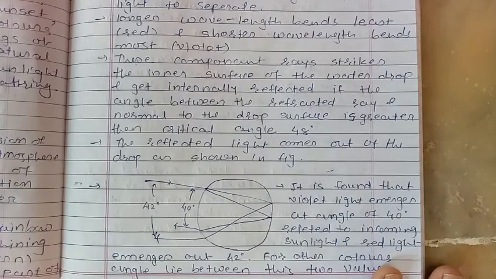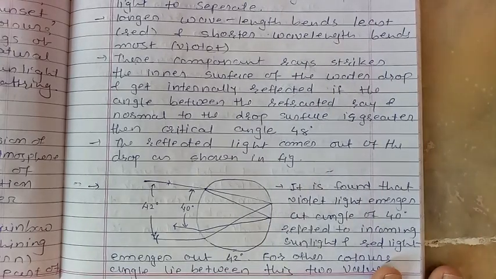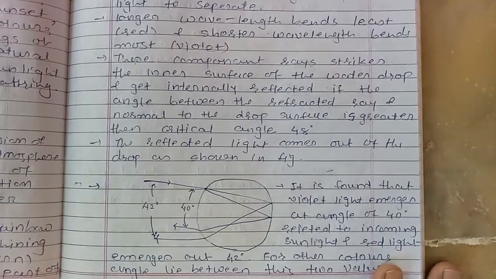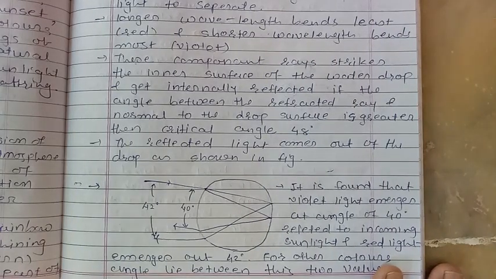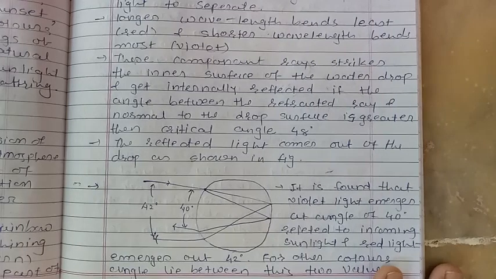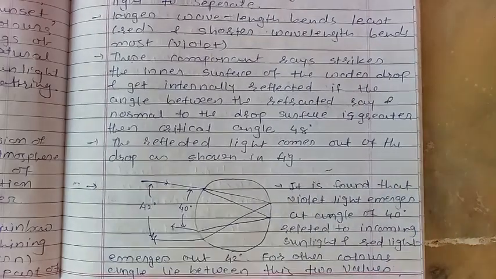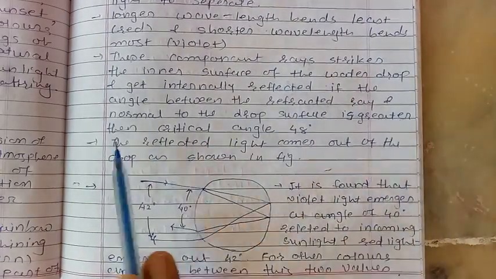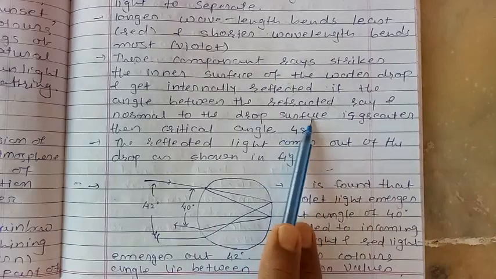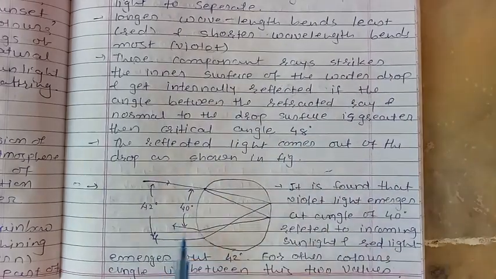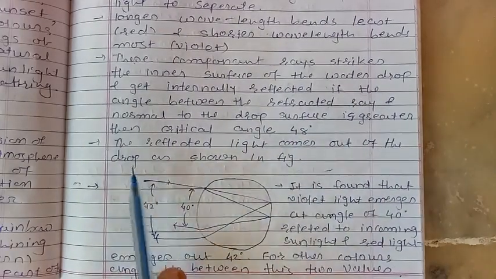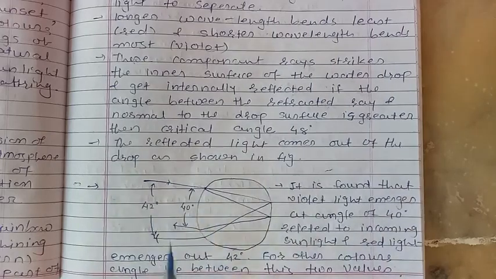Now this component of the ray strikes the other end of the water drop surface and gets internally reflected, if the angle between the refracted ray and the normal to the drop surface is greater than the critical angle of 48 degrees. After that, this reflected light comes out of the drop as shown in this figure.